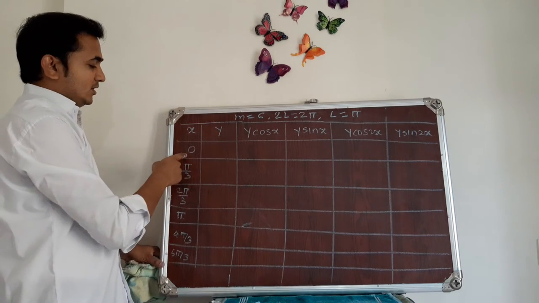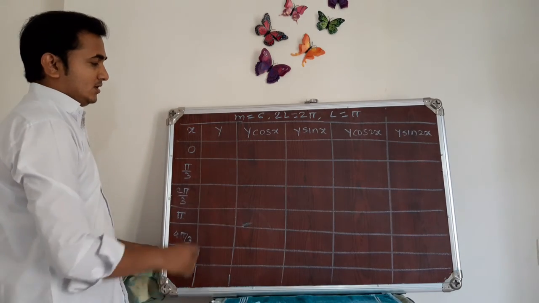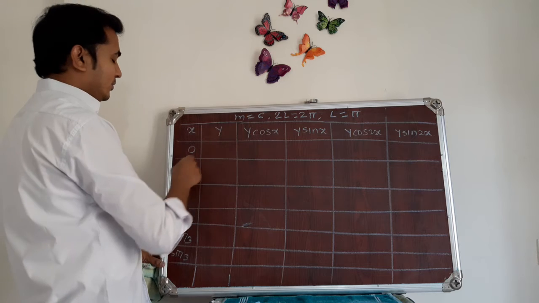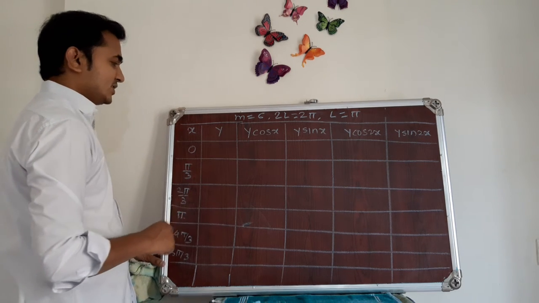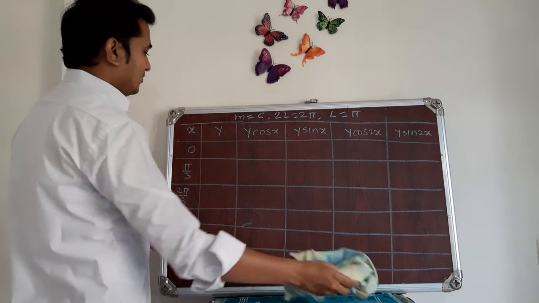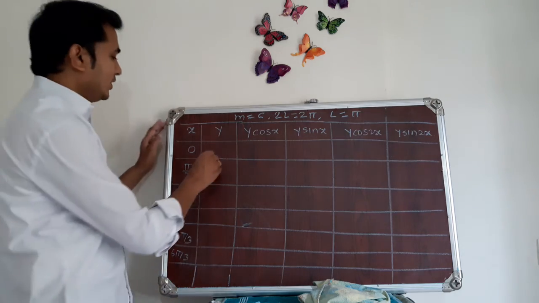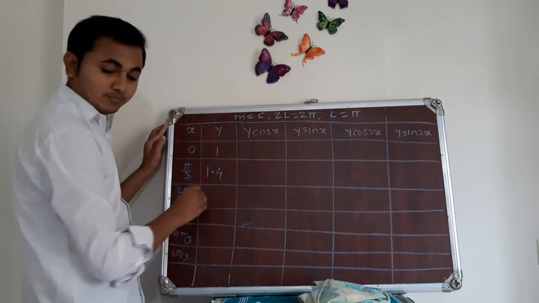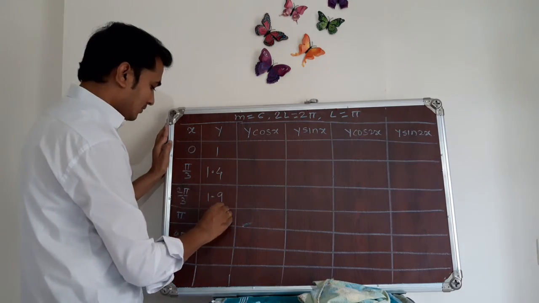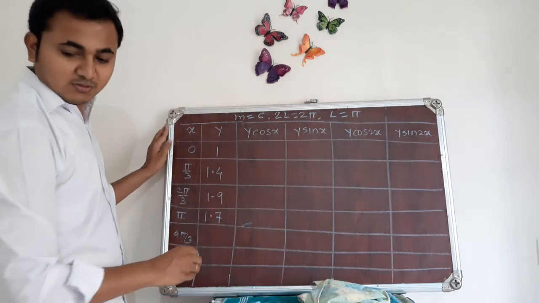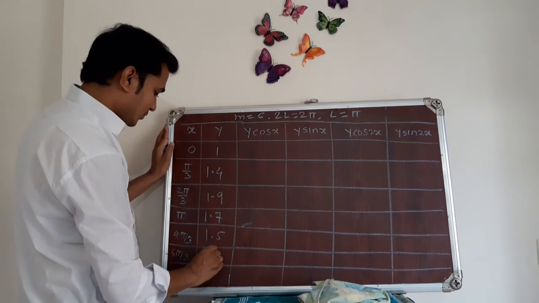I repeat, you are considering value at 0, so don't consider value at 2π, and therefore these sub intervals are 1 2 3 4 5 6. Corresponding y is 1, 1.4, 1.9, 1.7, 1.5, 1.2.